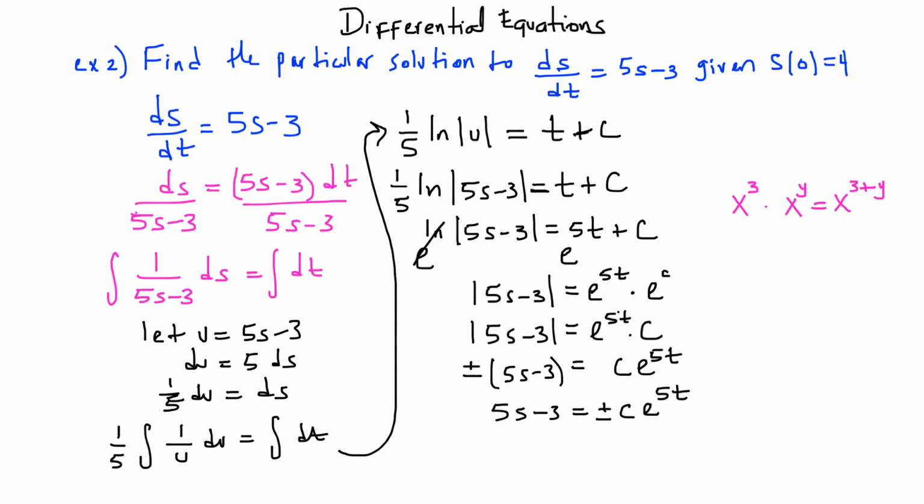So now I have 5s minus 3 equals plus or minus c e to the 5t, and as soon as I see the plus or minus next to the c, this is the best time to use the initial condition and figure out my c value. However, one other thing I want you to think of is this.